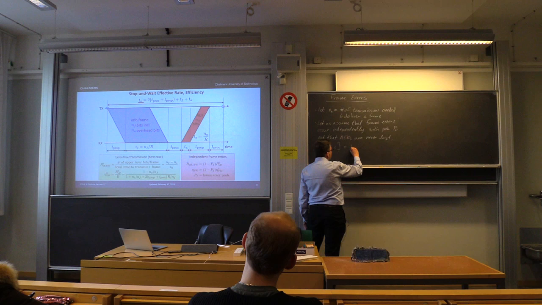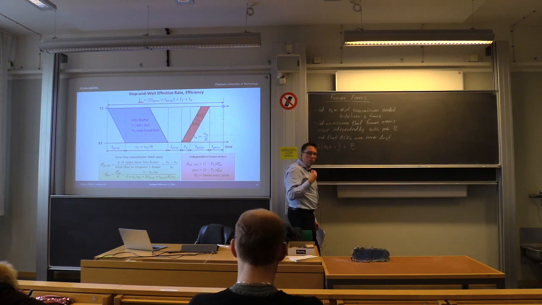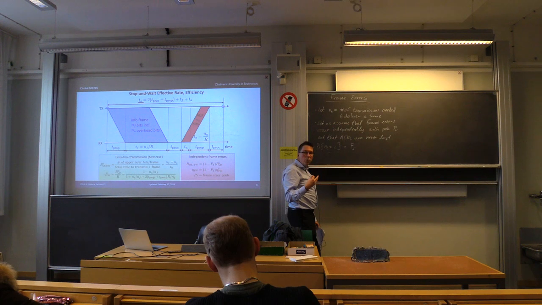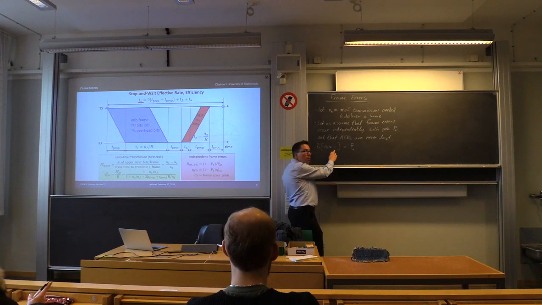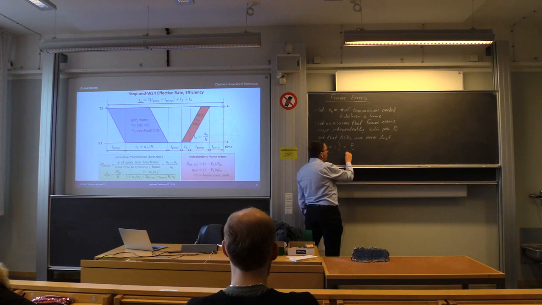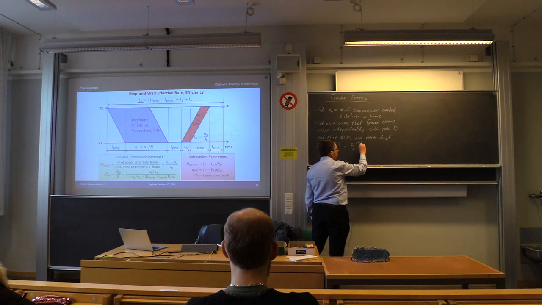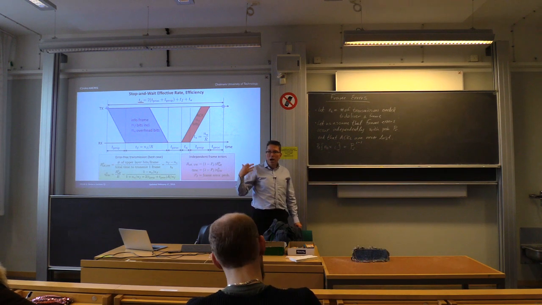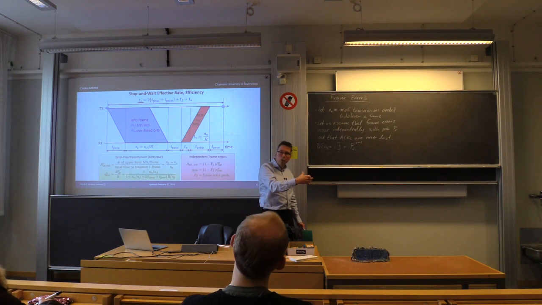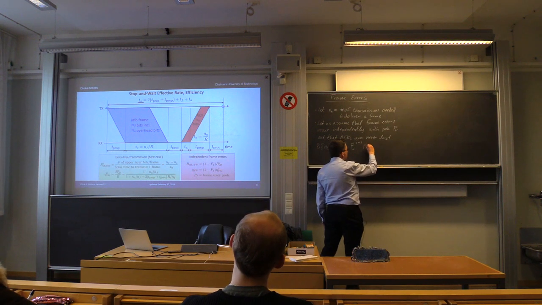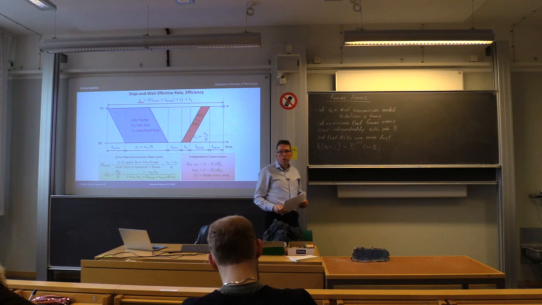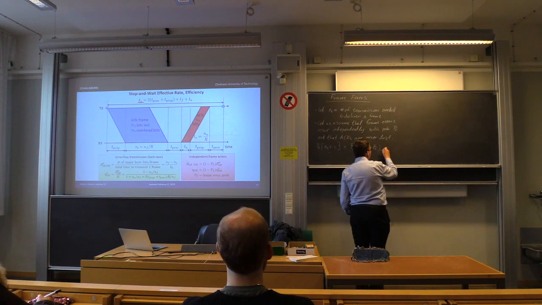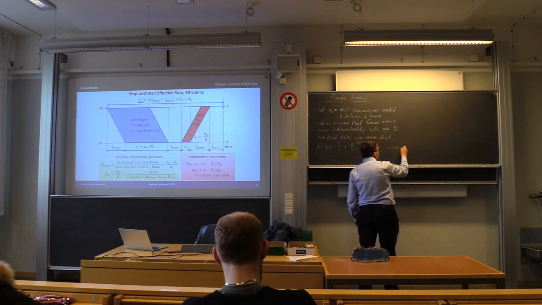For each failure, each time we lose the frame, that happens with probability PF. And since they happen independently, I minus 1 consecutive frame errors has probability PF raised to the power I minus 1. And then the last one was successful, and that happens with probability 1 minus PF. Okay. So that's your geometrical distribution for you. And this is true for I equals 1, 2, and so forth.